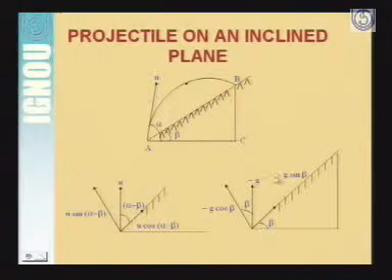We have also resolved the acceleration due to gravity, minus g in the upward direction, into two components. One is along the inclined plane, minus g sin beta, and the other perpendicular to the inclined plane, minus g cos beta. So we will consider the projectile motion in two directions, one along the inclined plane and the other perpendicular to the inclined plane.